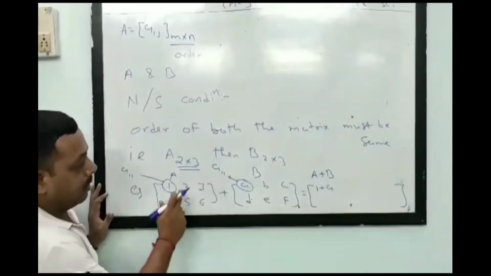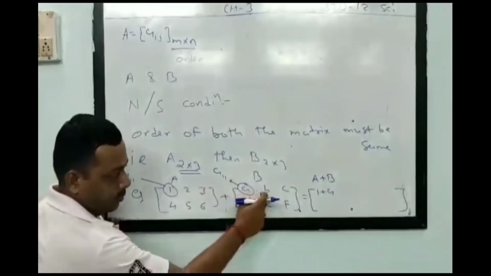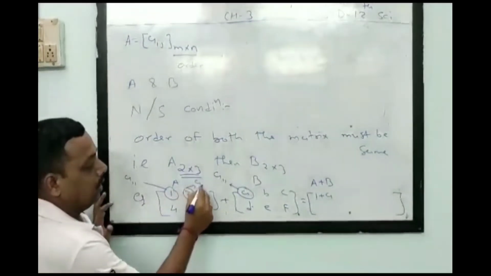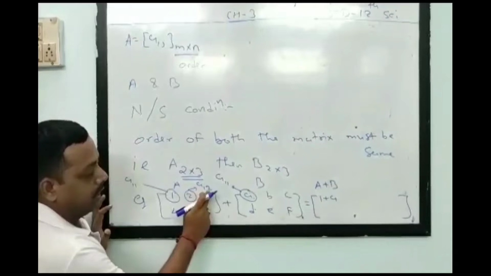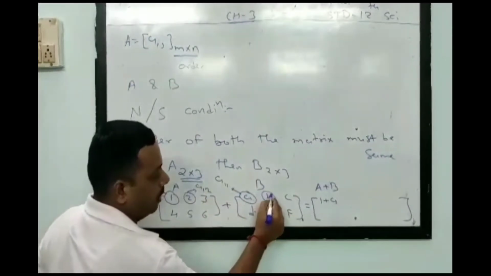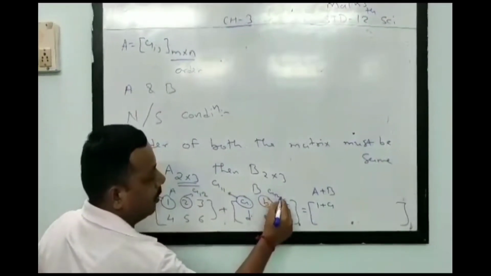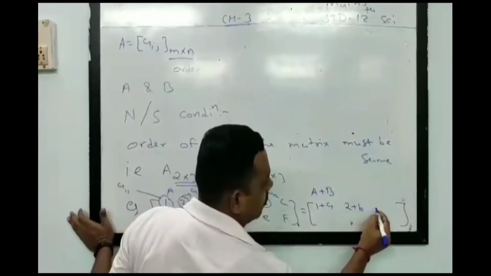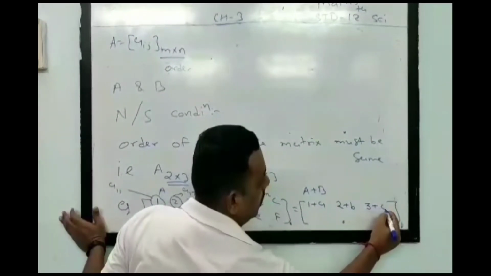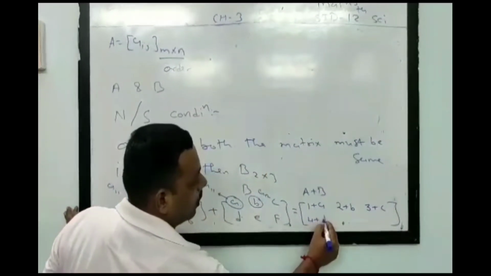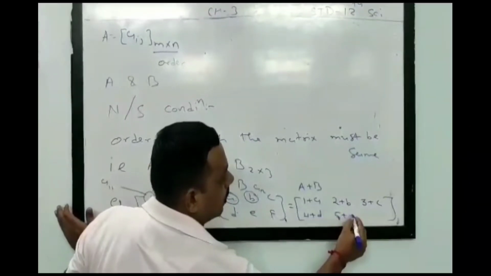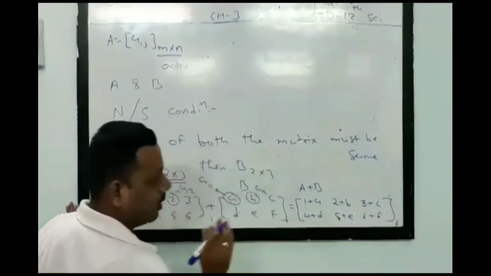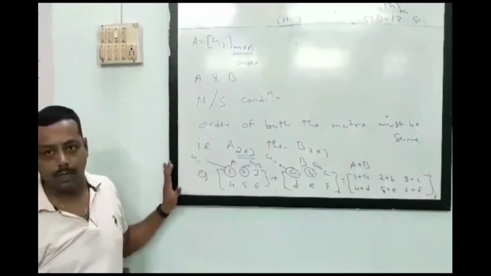Now similarly, 2 is added with b, because the position of this 2 is A12, first row, second column, and similarly in B also A12. So the next entry is 2 plus b. Similarly the remaining are 3 plus c, 4 plus d, 5 plus e and 6 plus f. These are the entries of A plus B.